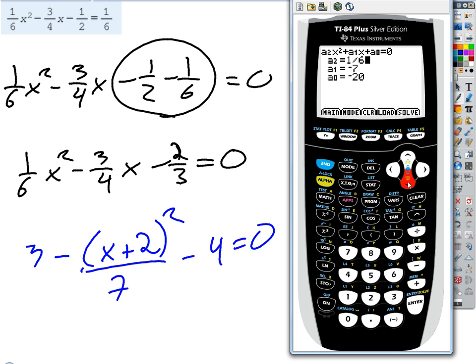It makes it a decimal, that's okay. a1 is going to be negative 3/4, so negative 3 divided by 4, and a0 is negative 2/3. Okay, if I go down here and hit F5, look at that. It gives me the answers to whatever accuracy I want. How about that? That's pretty good.